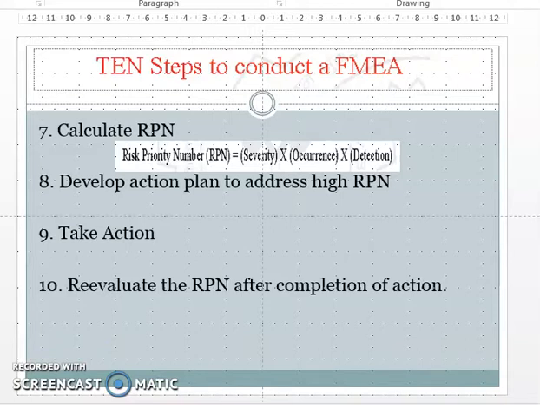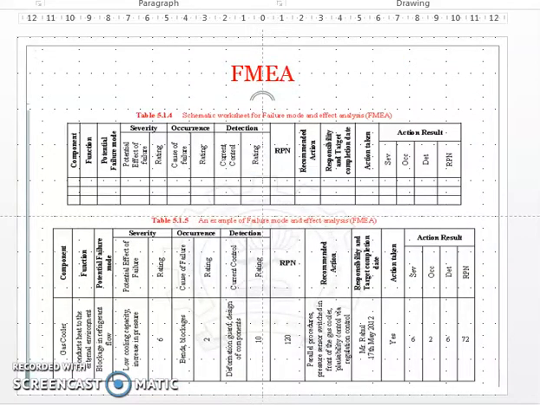Okay, to do a failure mode effect analysis, you first have to identify a component or product where there is a need to reduce the risk priority number or failure modes. You just require one document or worksheet for failure mode effect analysis.